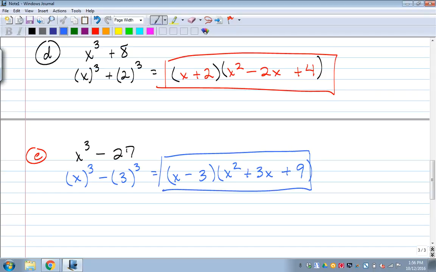And the way we can check that would be take this and distribute it out to the trinomial, and it simplifies out to be that original. That would be the check just to make sure everything is right on that.